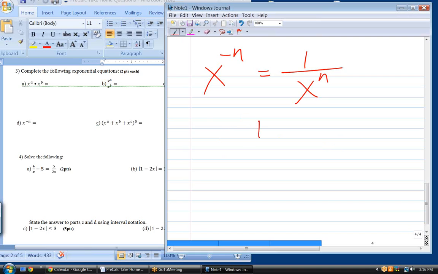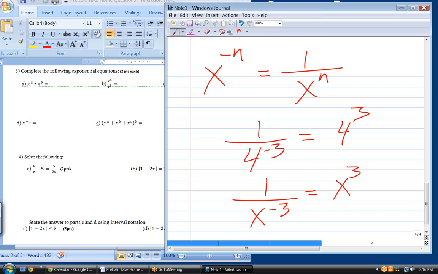If I had this, I can just take it to the other side of the fraction bar. That is the same as that. Right. So even if I have variables, if I have the negative exponent in the denominator, like that, then I can just move the x to the other side of the fraction bar and make the thing positive.